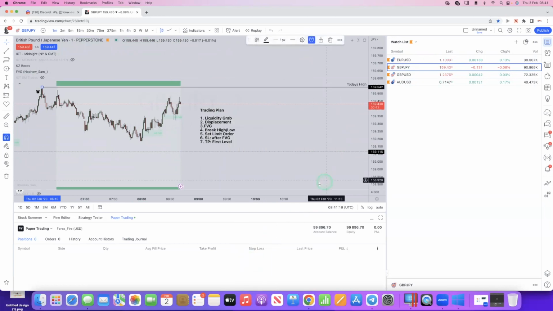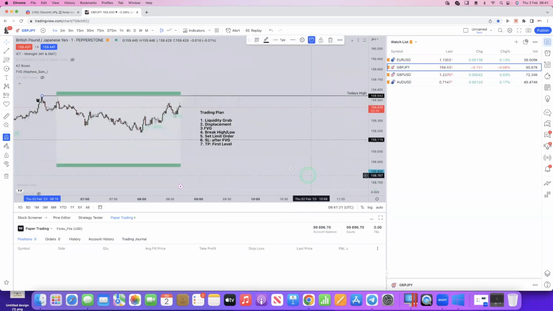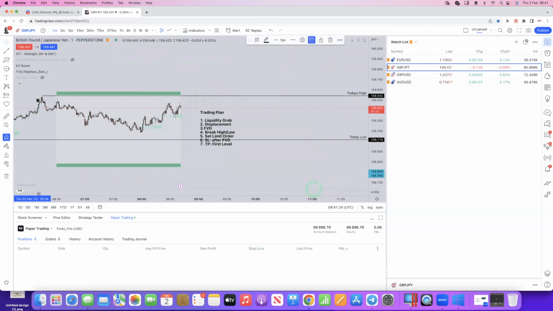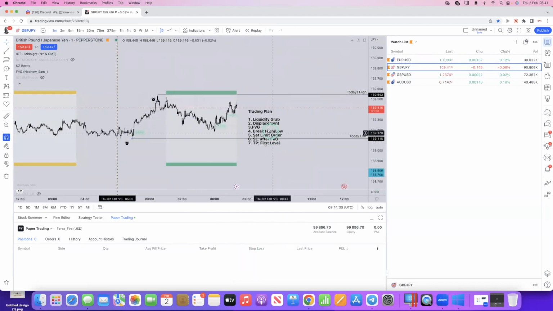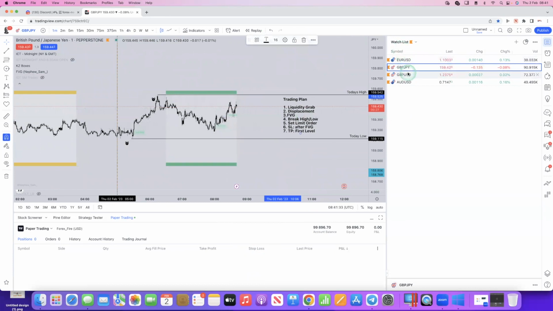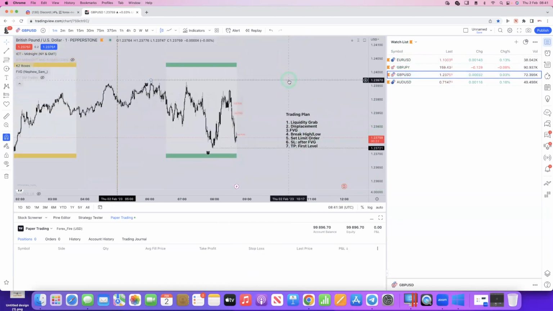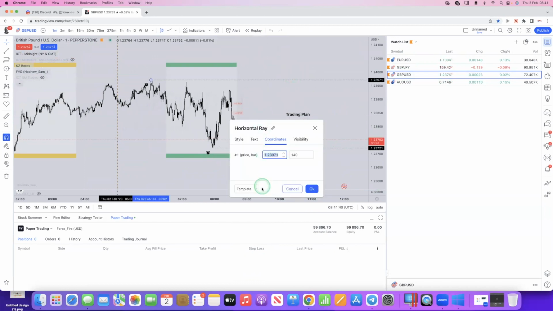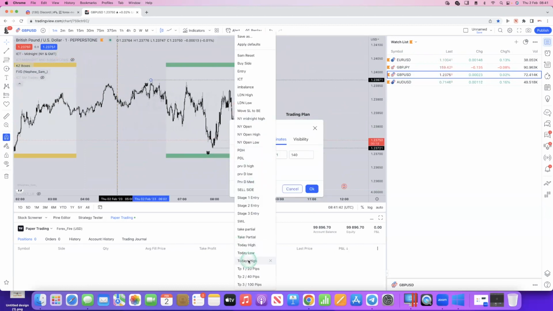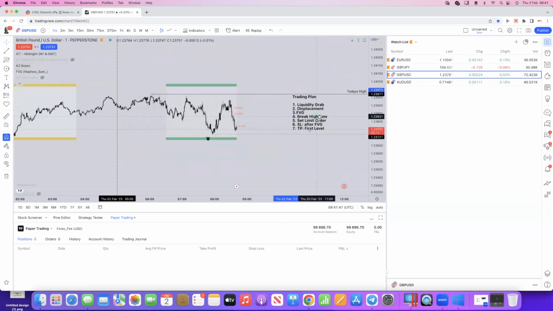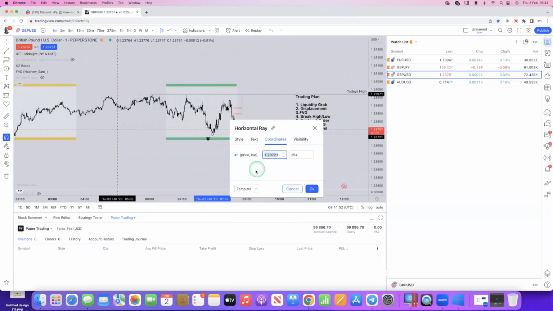Yeah, I don't need to change there. Don't need to change the line graph, if that makes sense. Just straight over template and then just pick the area. So we've got that, and then there's the high. The low looks as if it's going to come to be taken out on the GBP/USD.